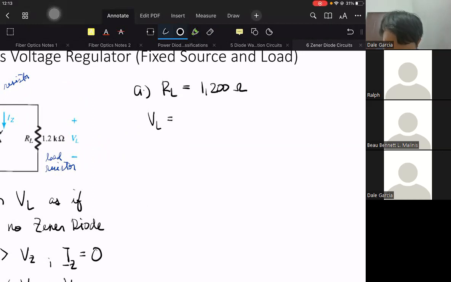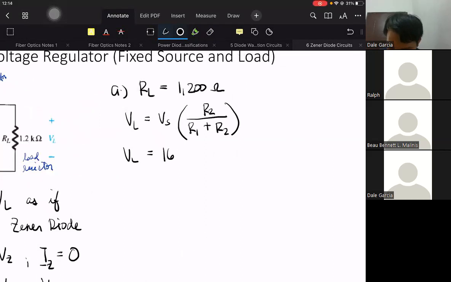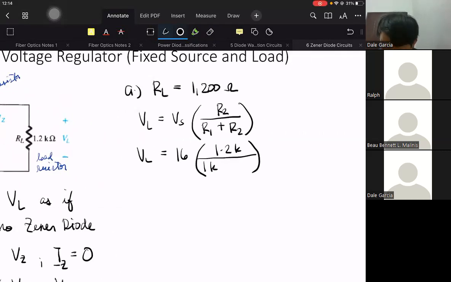VL is equal to VS times R2 over R1 plus R2. So VL is equal to VS on the circuit, 16, times 1.2K over R1 is 1K, right? Plus 1.2K, or 2.2K.